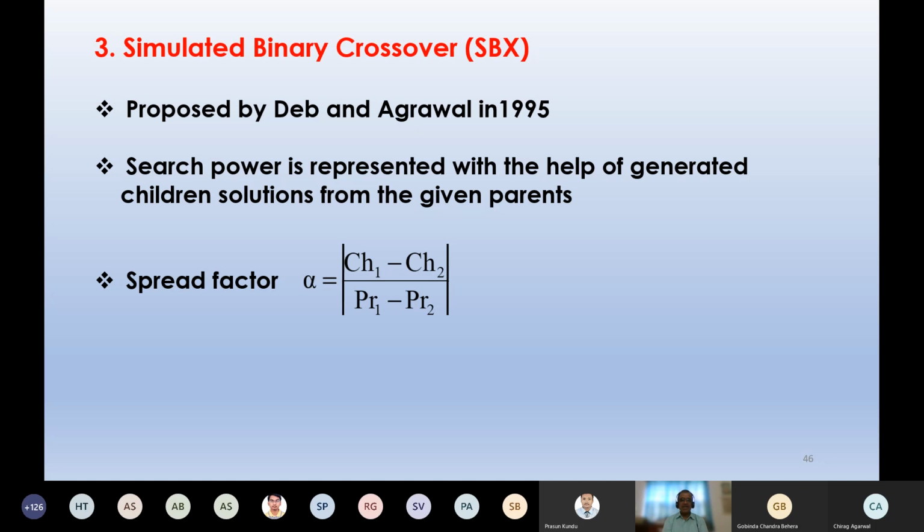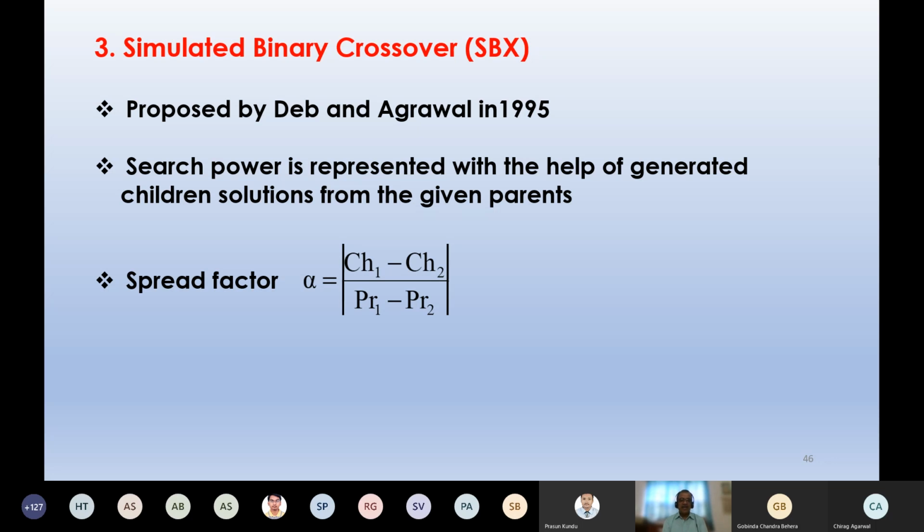To generate the children solutions, we take the help of some polynomial function, which I'm going to discuss soon. Before I proceed further, in this simulated binary crossover, I'll have to define one term. That particular term is known as spread factor, that is denoted by alpha.